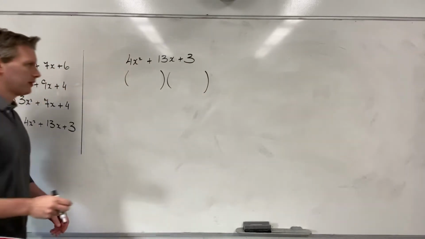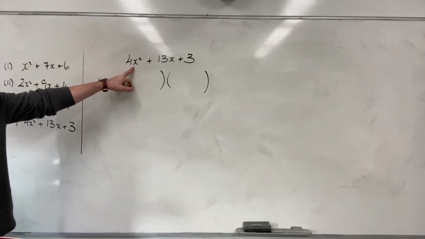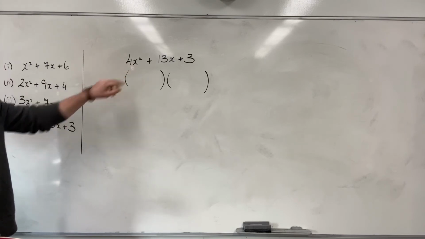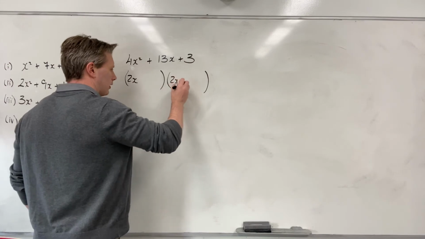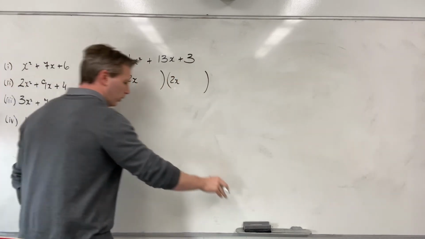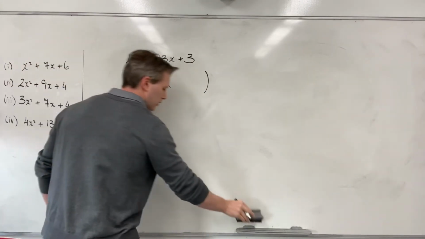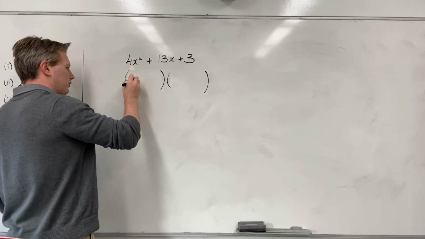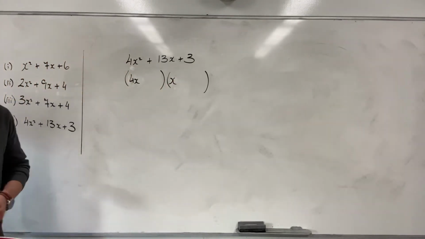What's a little different this time is that I have here a 4x squared, and 4 is not a prime number. So it could be that I have 2x here and 2x here. 2x times 2x would be 4x squared. That would work. Or it could be that I have here 4x and here x. 4x times x would also give me 4x squared.